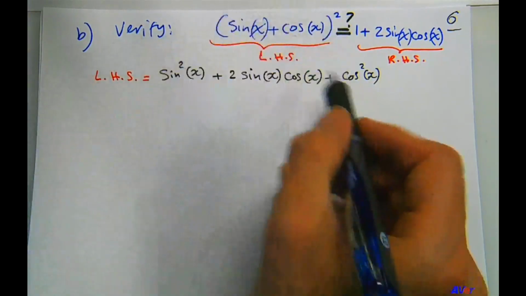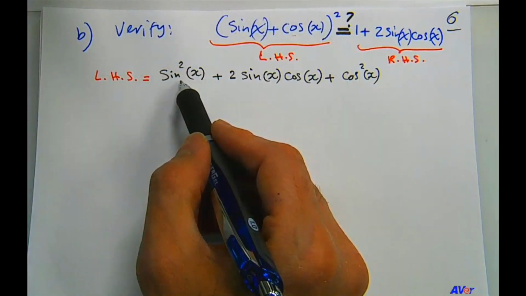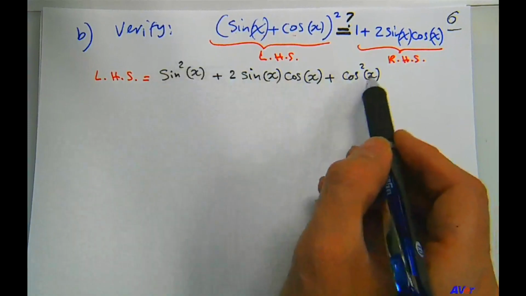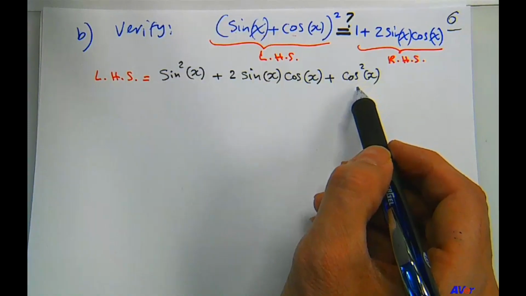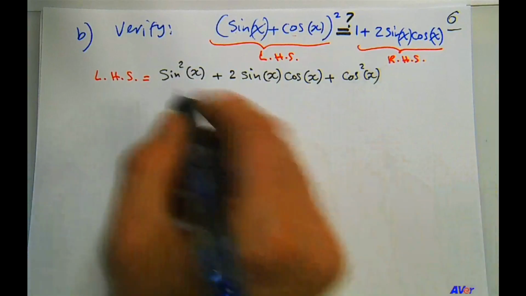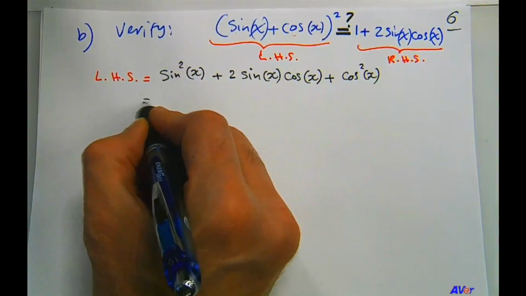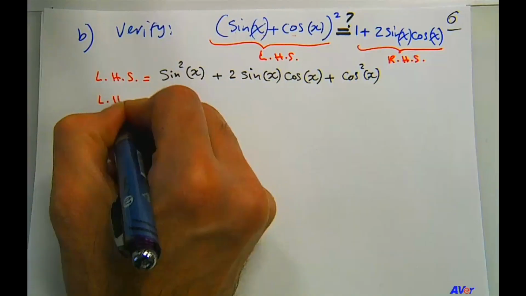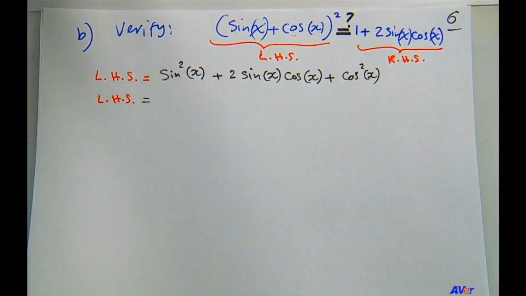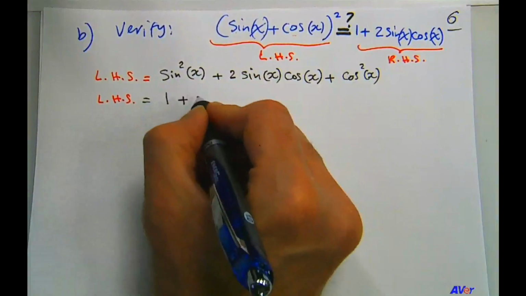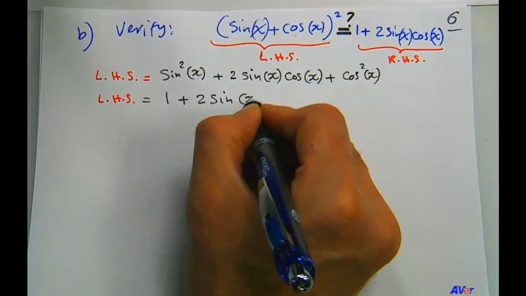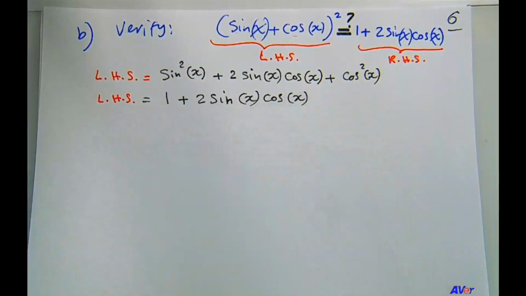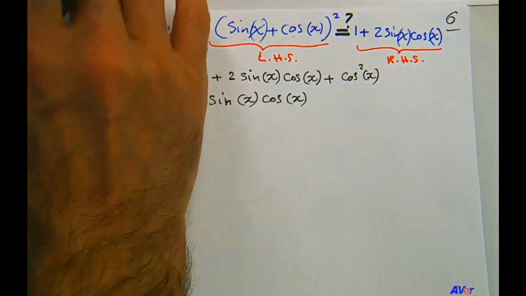But we do have the squared identities that tell us that sine squared x plus cosine squared x equals 1, right? So let's substitute. So the left-hand side is equal to 1 plus 2 sine of x times cosine of x, right?